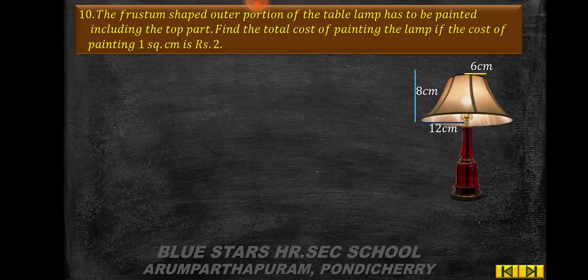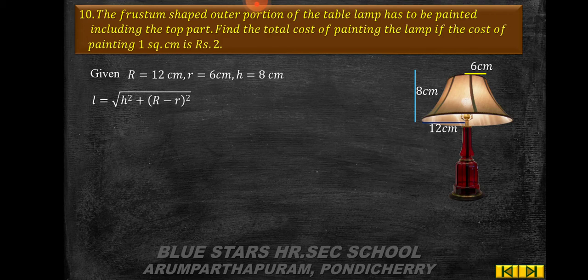Problem number 10, last problem of exercise 7.1. The frustum shaped outer portion of the table lamp has to be painted including the top part. Find the total cost of painting the lamp if the cost of painting 1 square centimeter is rupees 2. So given capital R is equal to 12 centimeter, small r is equal to 6 centimeter, h is equal to 8 centimeter.